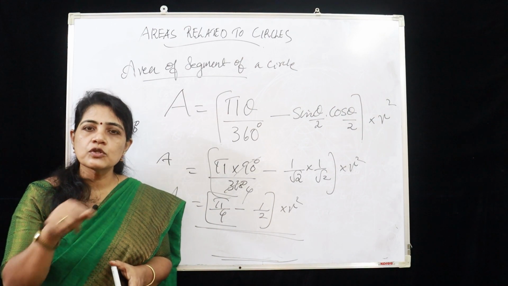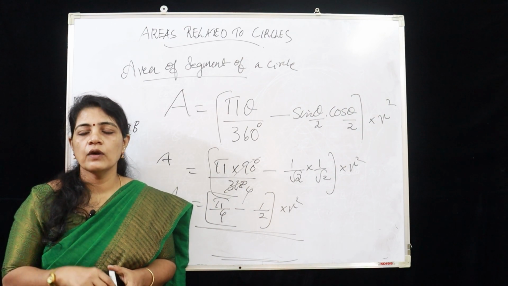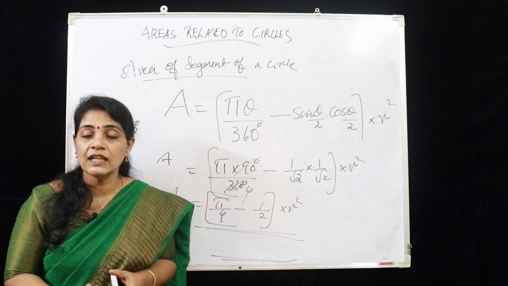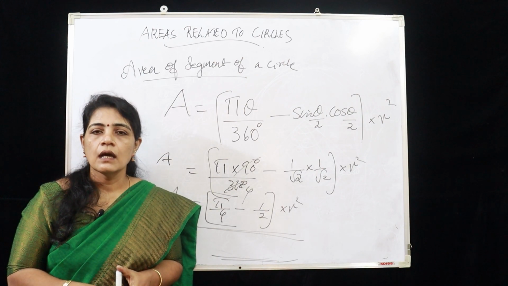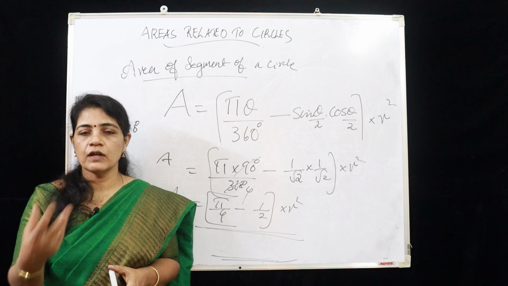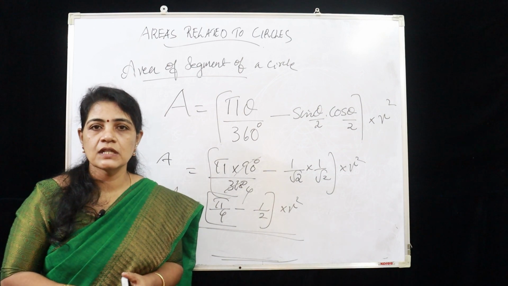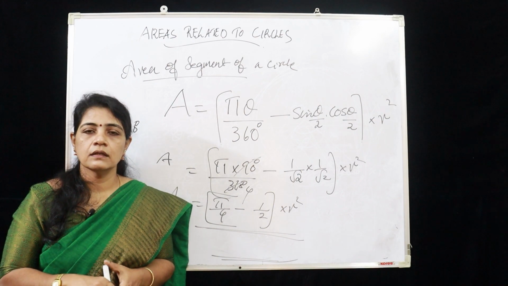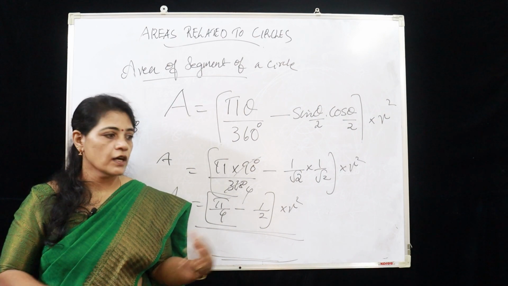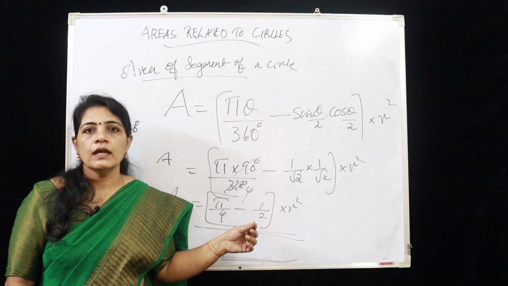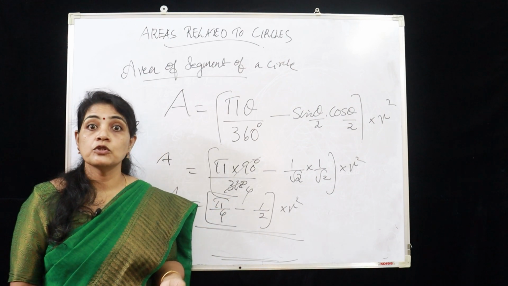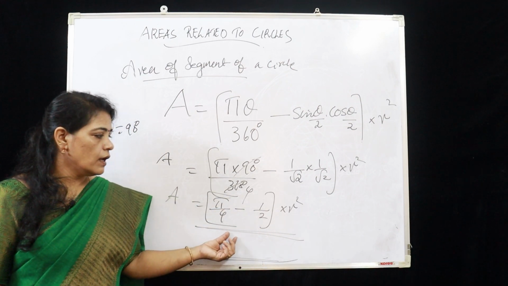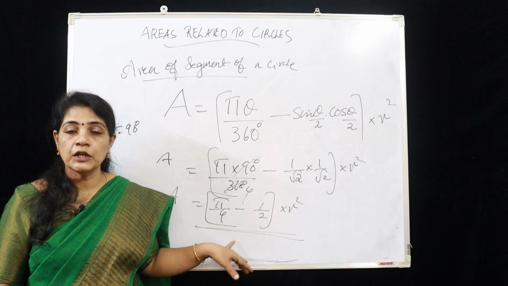For these two formulas, you have to take the value of pi as 22 by 7. Sometimes in the question paper they may give 3.14, but it would be better to take pi as 22 by 7 if you are applying this formula. This formula can be further reduced.